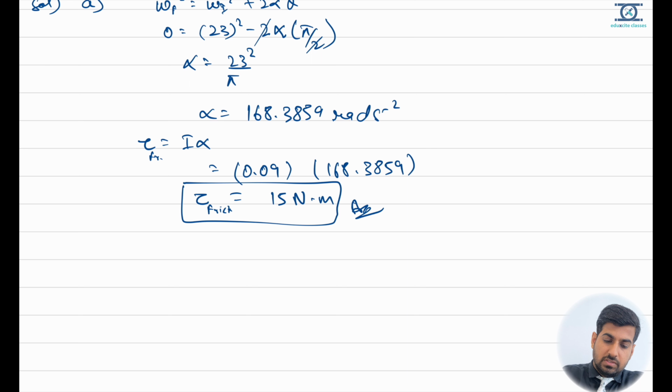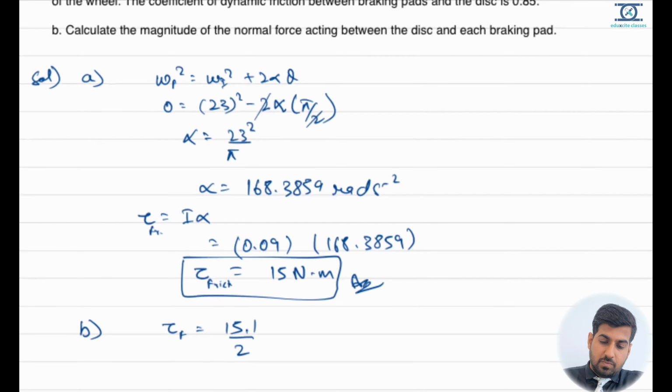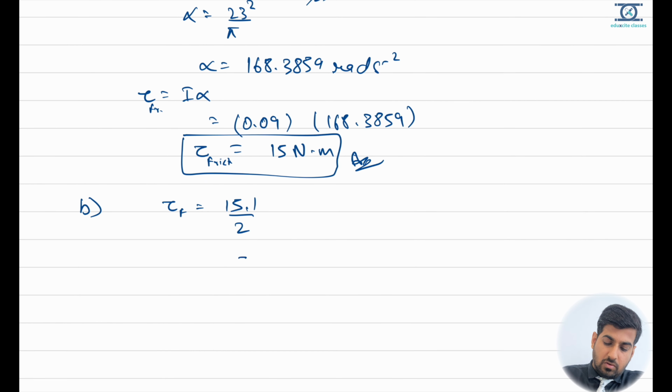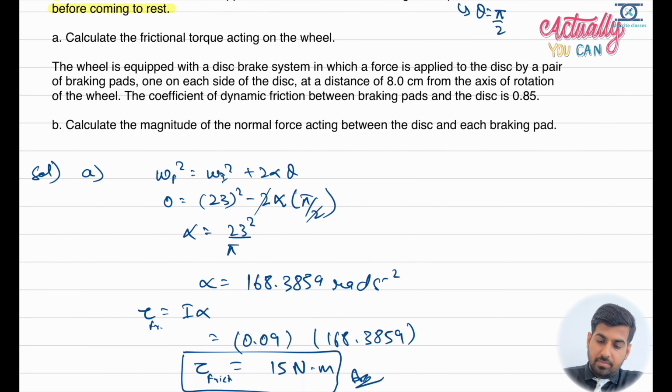So what I can do is, the torque for each will be 15, the exact value is 15.1, divided by 2. Now this torque will be responsible for the application of the brake. So the torque is equal to F into D, as it is applied perpendicularly. So 15.1 divided by 2 is the friction force times distance, which is 0.08, which is 8 cm, right?